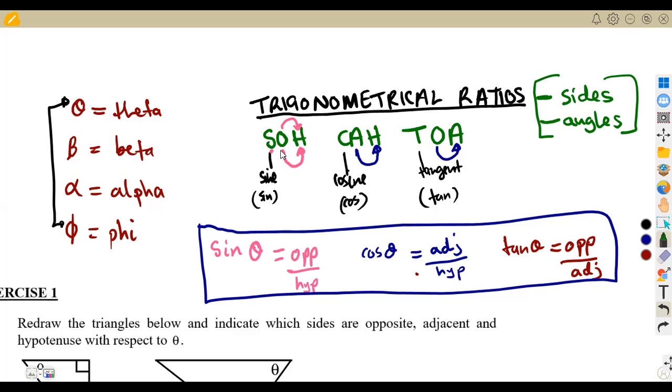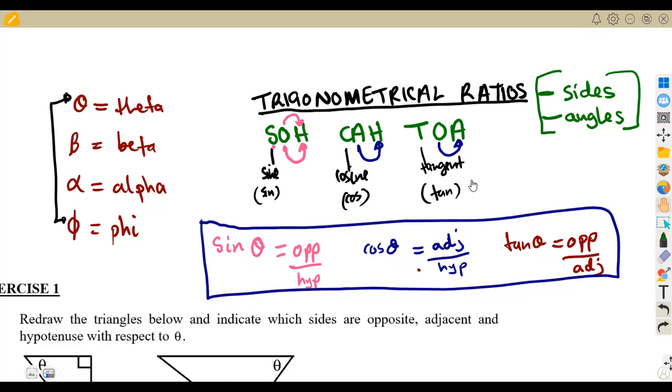So I want you to memorize this mnemonic, the SOHCAHTOA concept. Sine, opposite over hypotenuse. Cos, adjacent over hypotenuse. Tan, opposite over the adjacent. But it must have an angle corresponding: the tan of theta, the cos of theta, or the sine of theta. That is how you are supposed to have this.